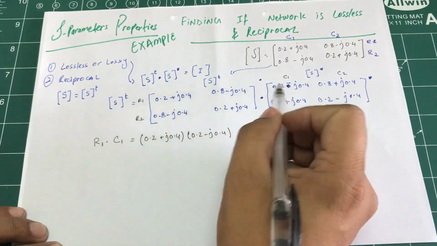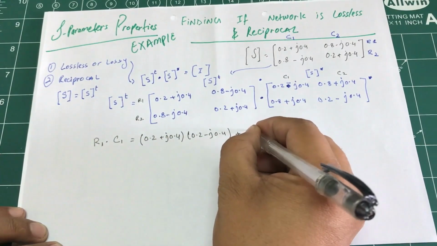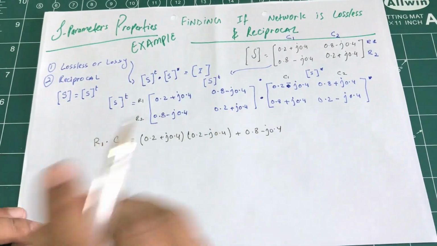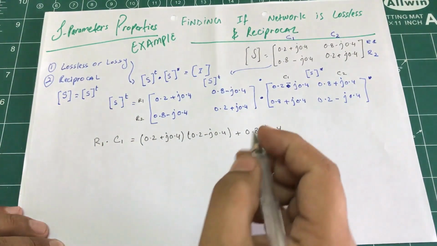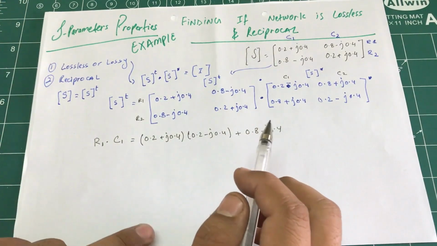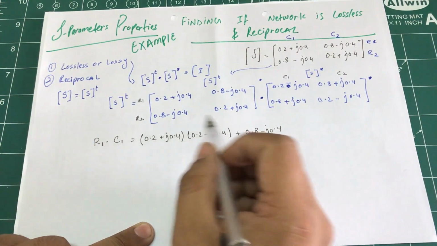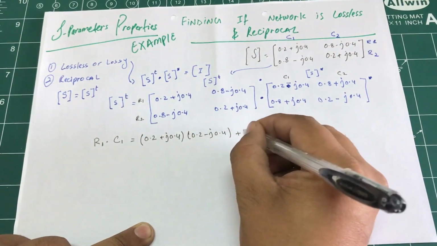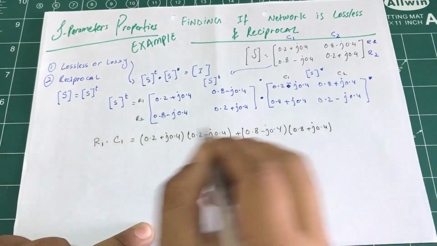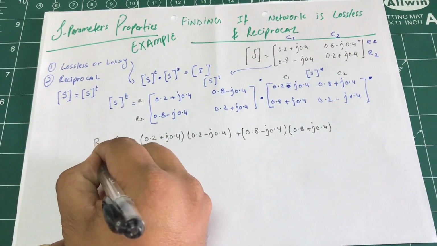So this multiplied by this, plus 0.8 minus j 0.4 times 0.8 plus j 0.4. All right, so I'm going to do the same thing now.